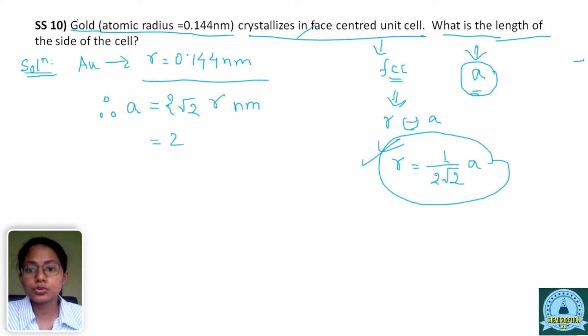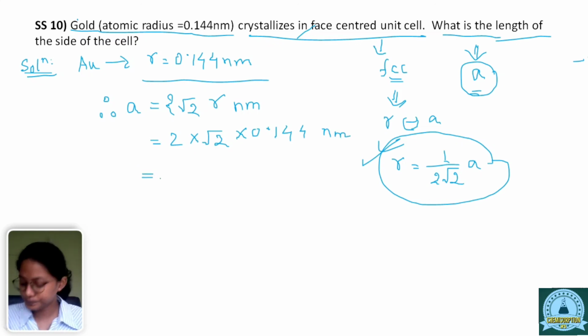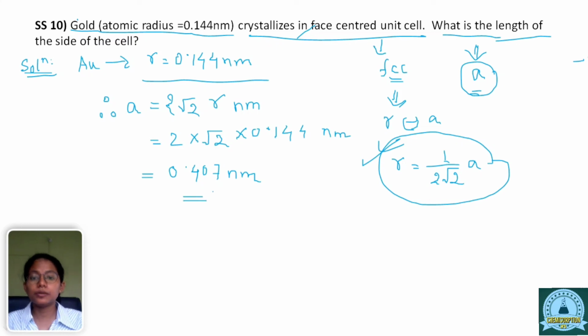It means 2 into root 2 into 0.144 nanometer, which is equivalent to 0.407 nanometer. So the value will be 0.407 nanometer. So the problem was very simple. You just directly put the value in this formula. You will get the answer.